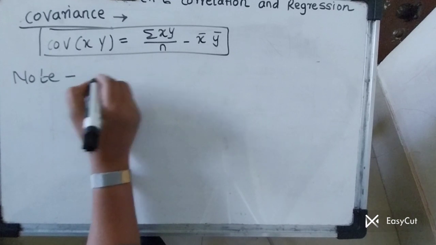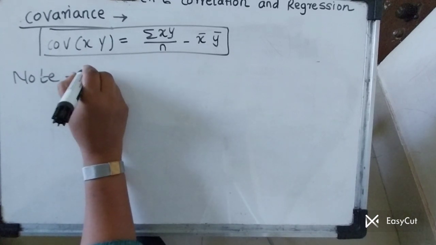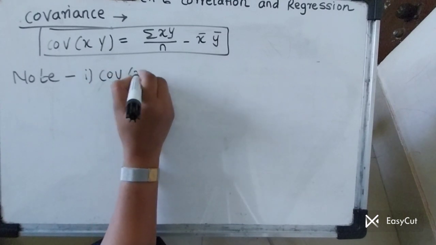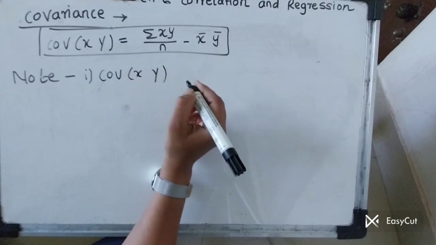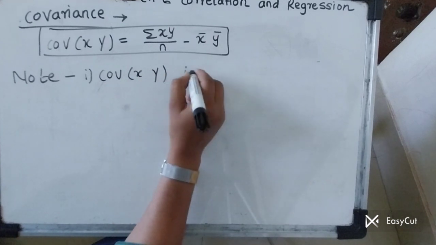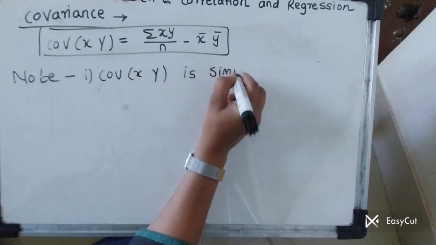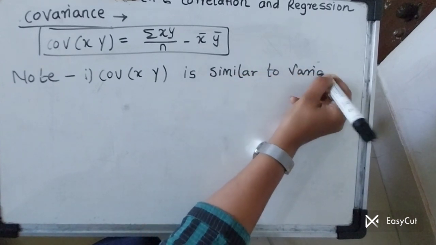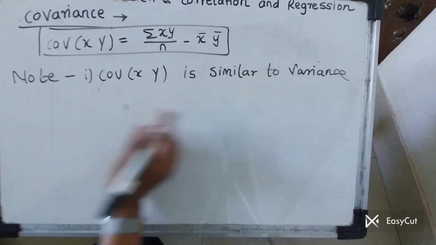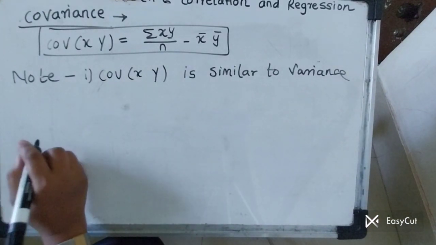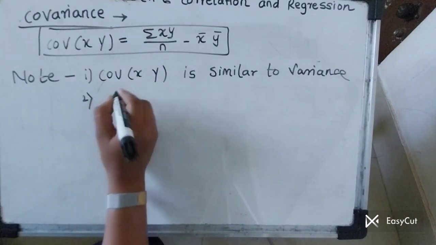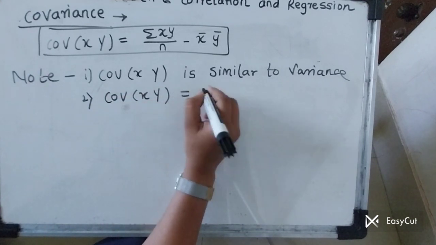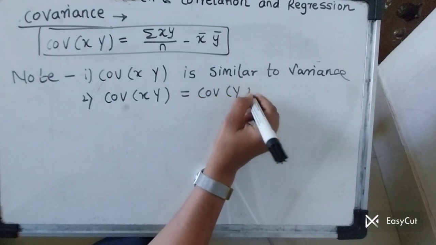Note first. These notes are very important because somewhere in the exam they ask true or false. Covariance is similar to variance. Second, covariance of xy is equal to covariance of yx.